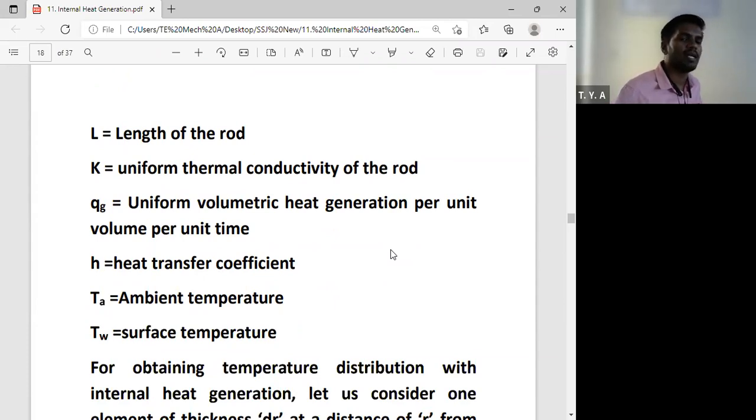Ta is the ambient temperature. Tw is the surface temperature.